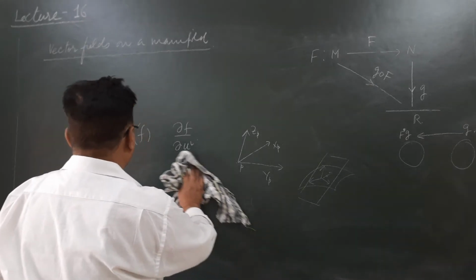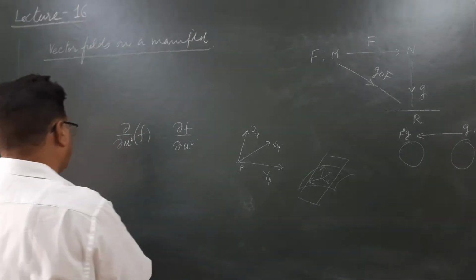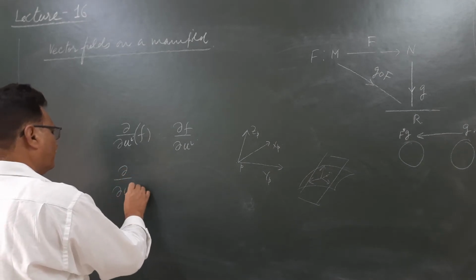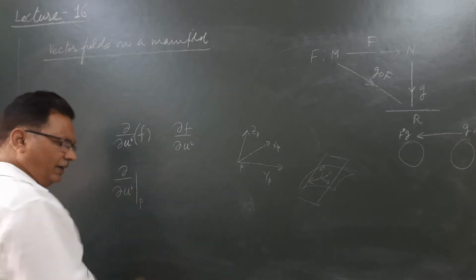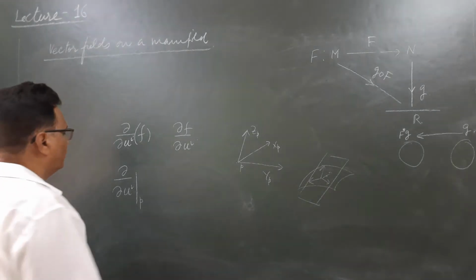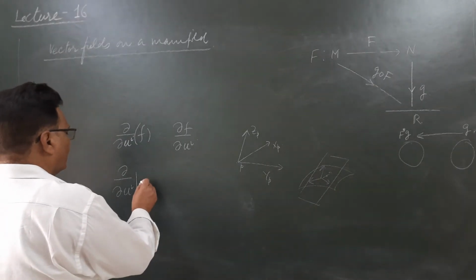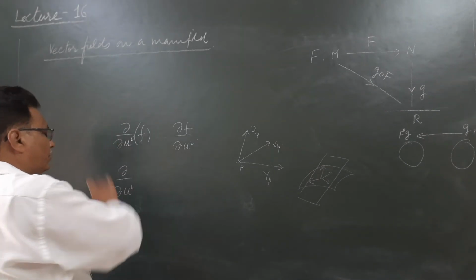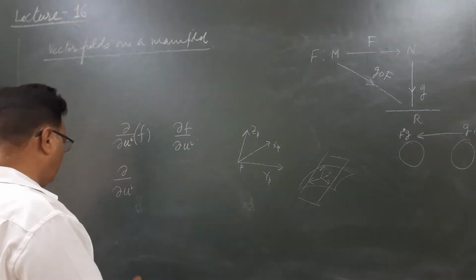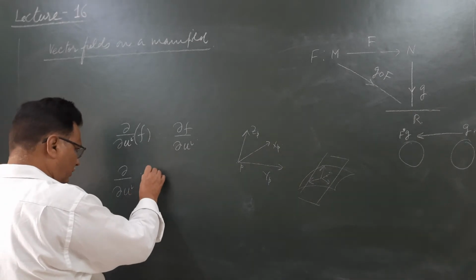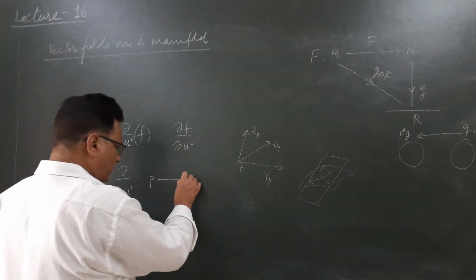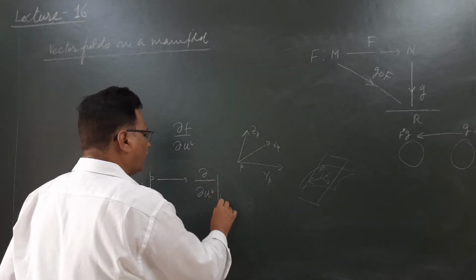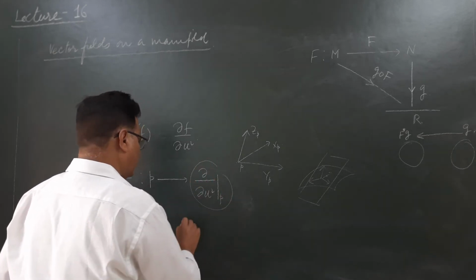If I consider del upon del ui at a certain point P of R^n, so what it will do, suppose I have del upon del ui, the operator, and to every point P it will associate del upon del ui at P. How does this work?